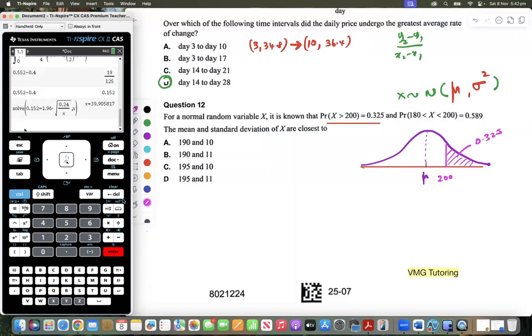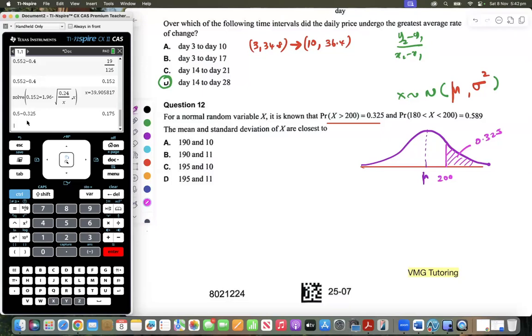Okay. Second part says 180 to 200. Is more than half. So if this is 0.325, 0.5 take away 0.325 is 0.175. But this number is 0.5.